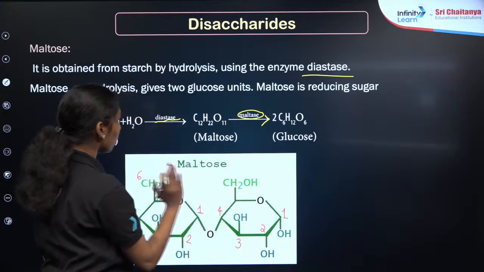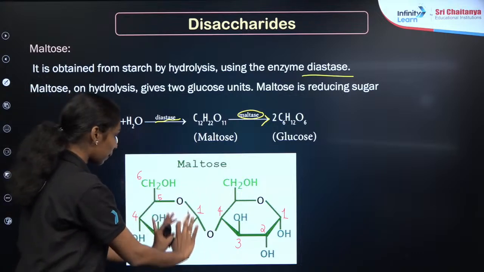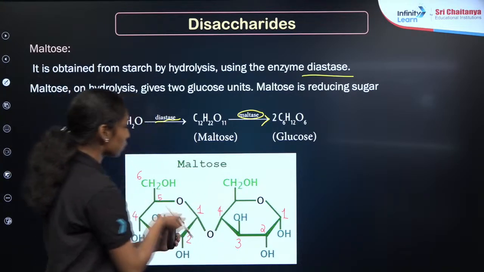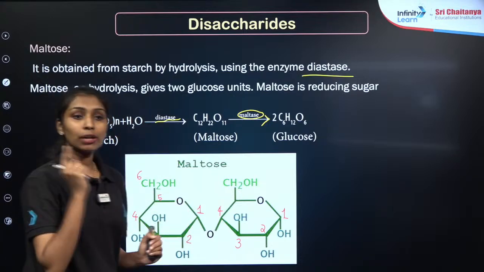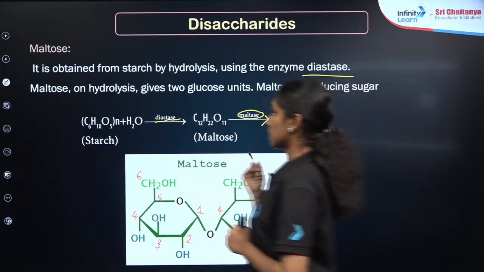These are the 2 molecules of glucose structures. Whenever they are combined together, a glycosidic linkage is formed between the first and fourth position of the glucose units. So we can say that there is a 1,4 glycosidic linkage between 2 glucose molecules in maltose. Clear?